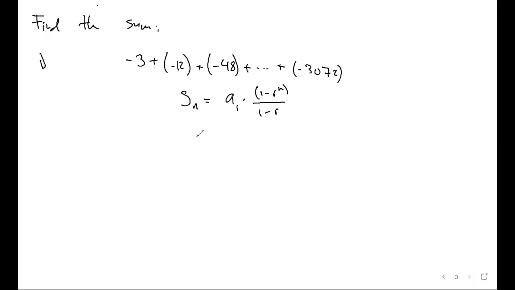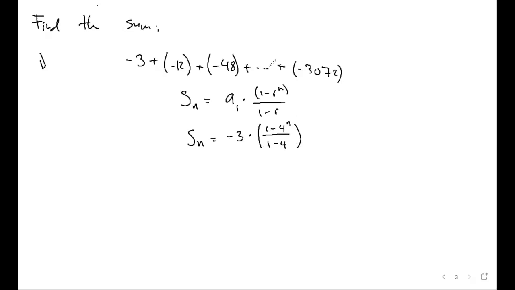Okay. So I know what a sub 1 is, and I know what r is, but I don't know what n is, right? So if I plug in what I know, that's what I know. But I don't know what n is.